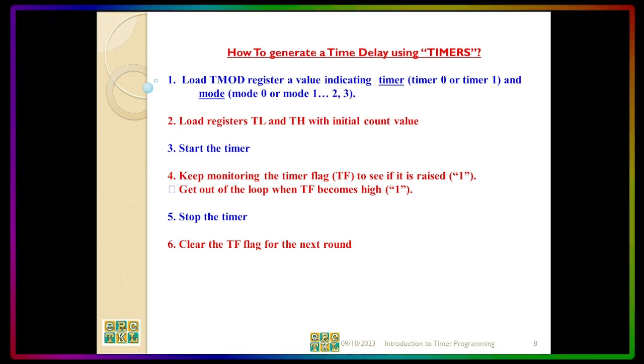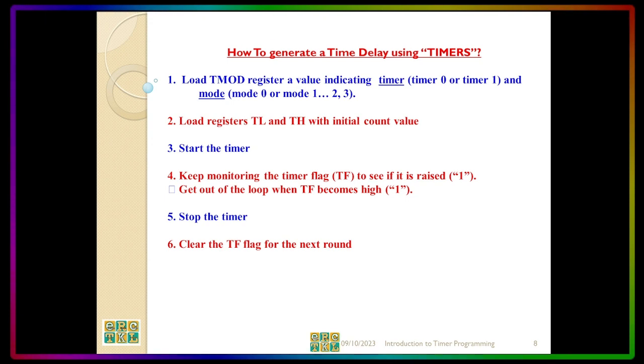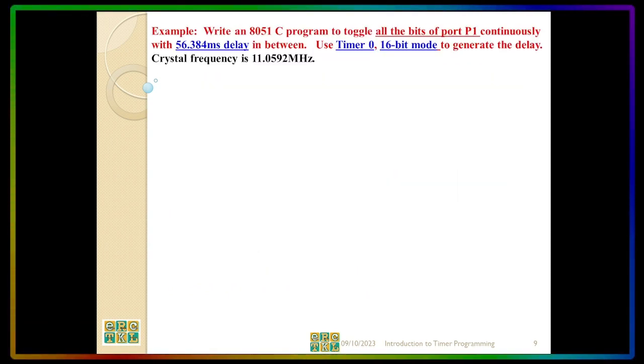Therefore, after we stop the timer, or even before, we can make the timer flag equal to 0 to put it back to its value of 0, which means the timer will now start counting again from the beginning of the delay. And then we go back to step 2 to load TL and TH, and we repeat the process.